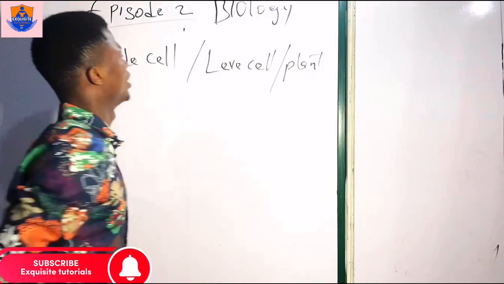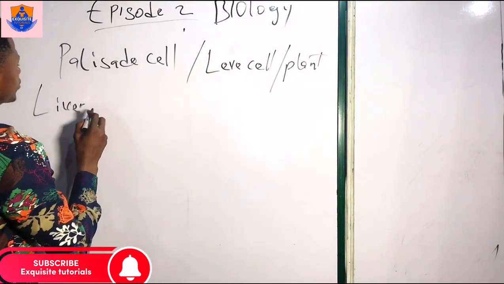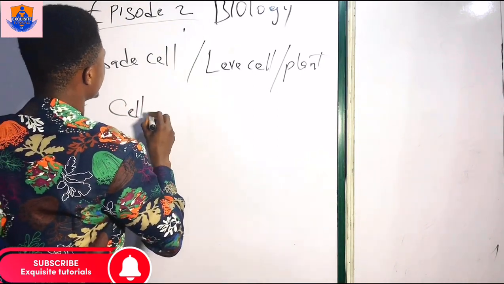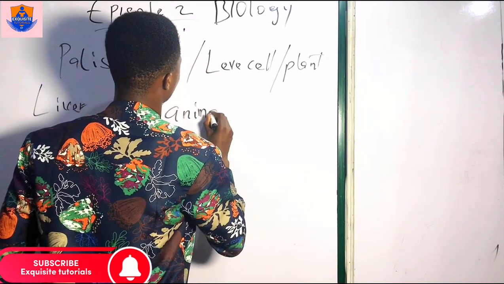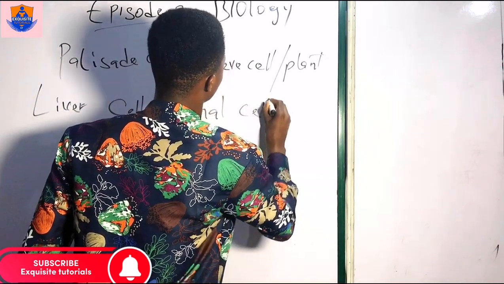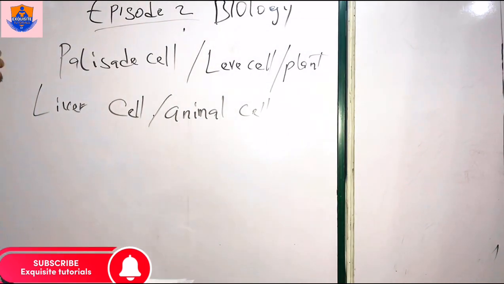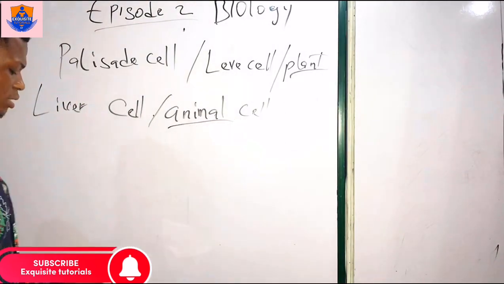You know, leaf is a plant. A liver cell means animal cell. So this question is just asking you to differentiate between plant and animal cell.